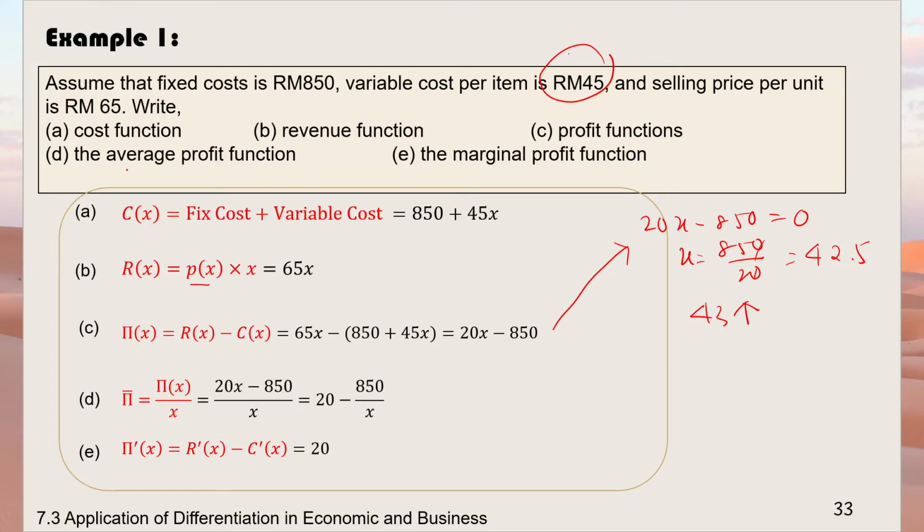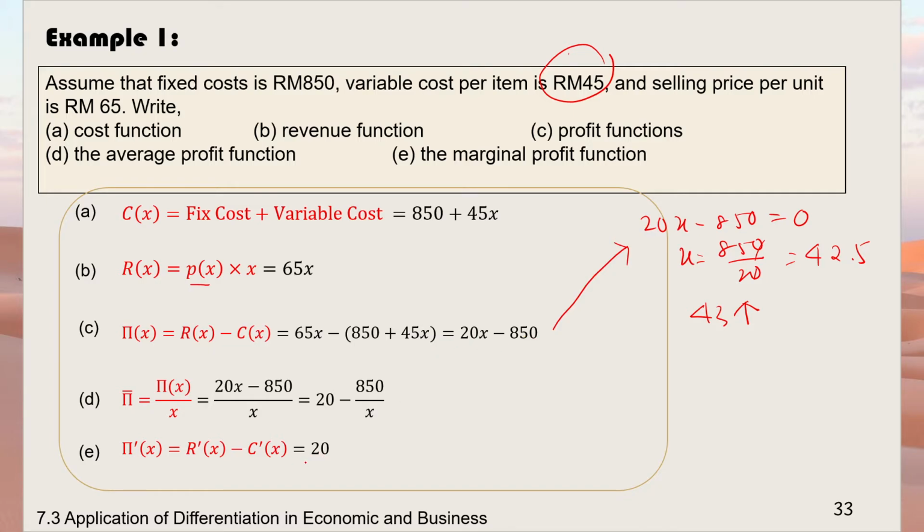After that, they ask you to calculate the average profit, so you just divide it by x. For the marginal, what you need to do is differentiate. See over here, 20x minus 850, so you differentiate and you will get 20.